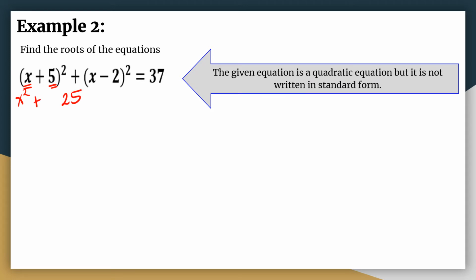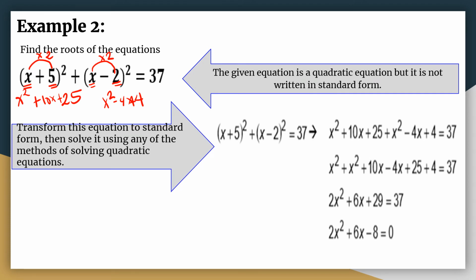Plus, multiply x times 5, then times 2. So x times 5 is 5x, times 2, that is 10x. Same thing with this second binomial. So x times x, that is x squared. 2 times 2, that is positive 4. x times 2, that is negative 2x, times 2, that is negative 4x.